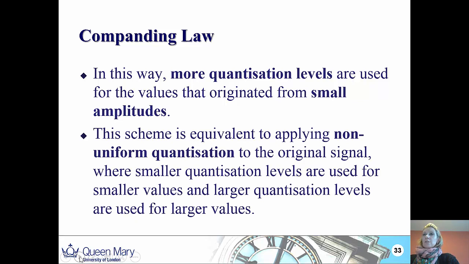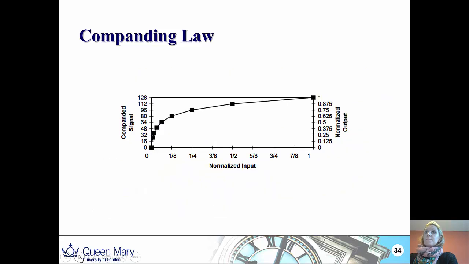Okay, so this scheme is equivalent to applying non-uniform quantization to the original signal, where smaller quantization levels are used for smaller values and the larger levels are used for larger values. Okay, so we're taking into account information regarding the distribution of the values which are being communicated, and we're using this to more effectively code the original data in a way which will support better reconstruction of the original signal.